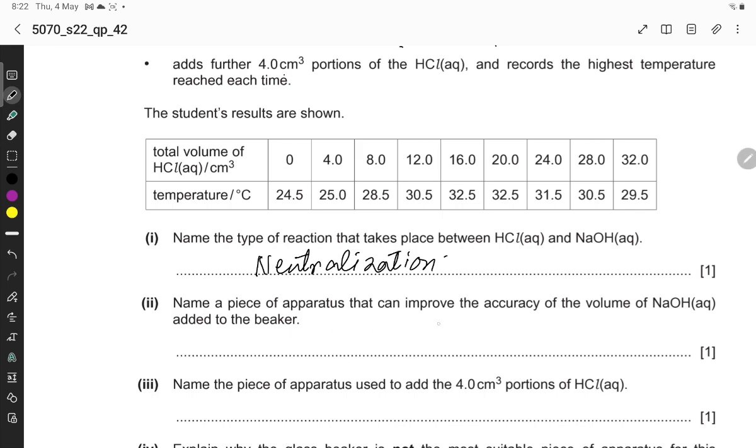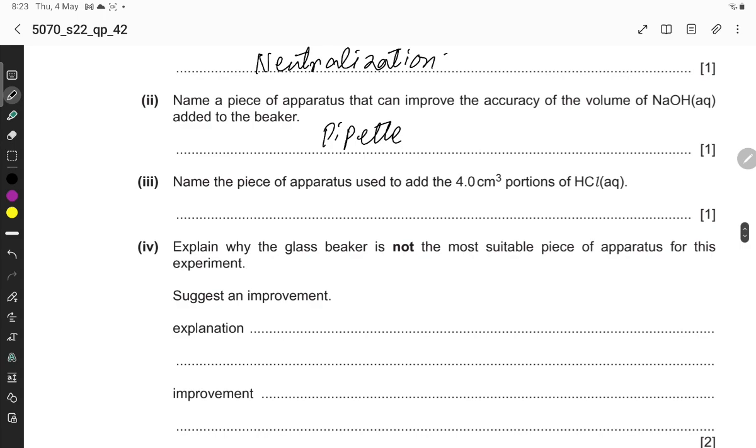Name a piece of apparatus that can improve the accuracy of the volume of aqueous sodium hydroxide added: pipette. Name the piece of apparatus used to add the 4 centimeter cube portions of HCl: burette.